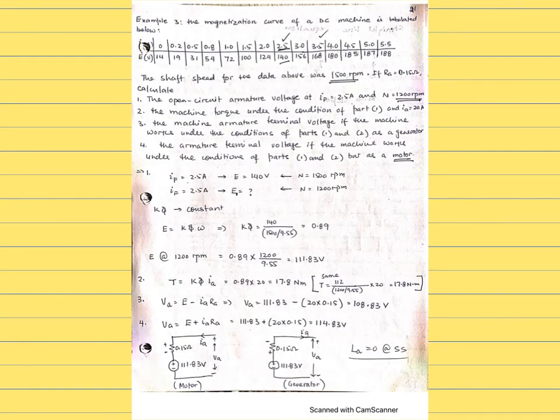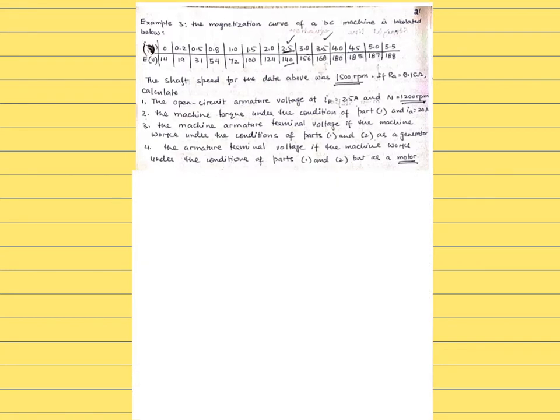Okay, another question. Here in this question you're given the graph between IF, your field current in amperes, and E, and that's given for speed. So this graph is observed at a speed of 1500 RPM.